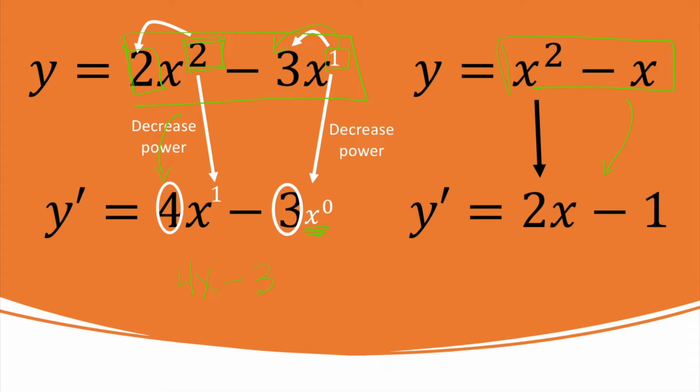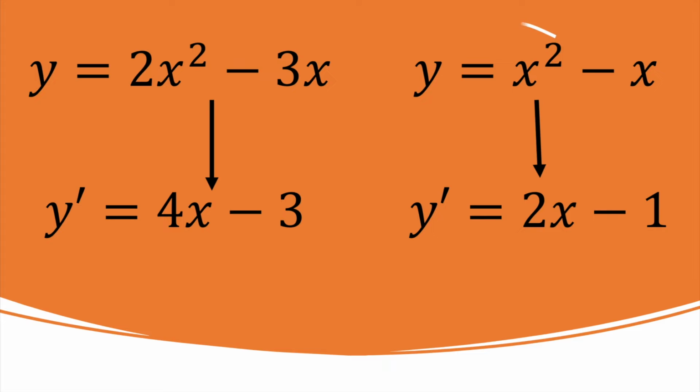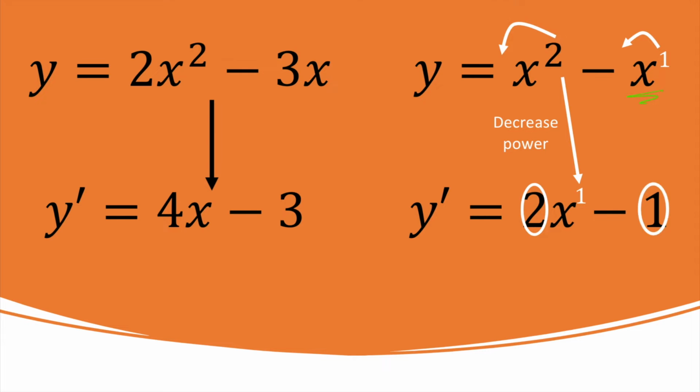Same thing worked on this right side function here. So the exponent comes forward and then drop the power by 1. The exponent for x, which is just 1, comes forward and then drop the power by 1. That is so much faster.